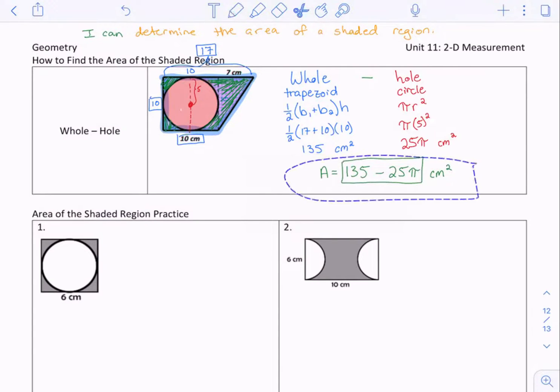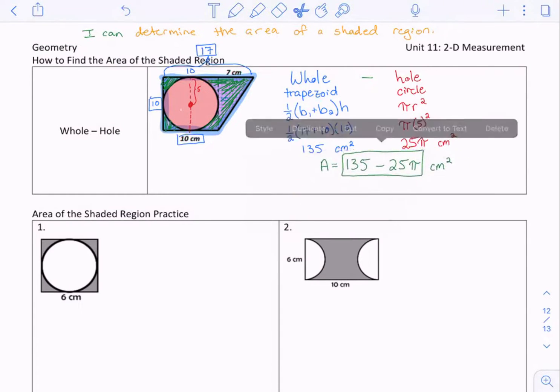If it asked for us to round, Miss Murphy, what would be the best place to round to right now? It would be 56.5 to the nearest tenth. So this is approximately 56.5 centimeters squared. So that's to the nearest tenth. So really, that's it. That's how you find the area of the shaded region.